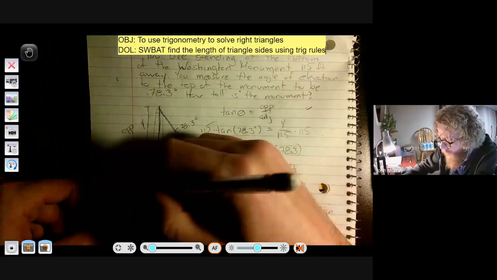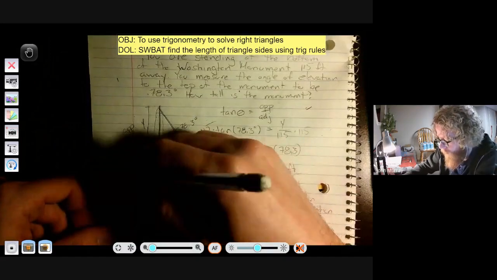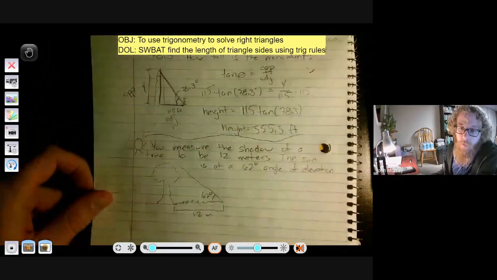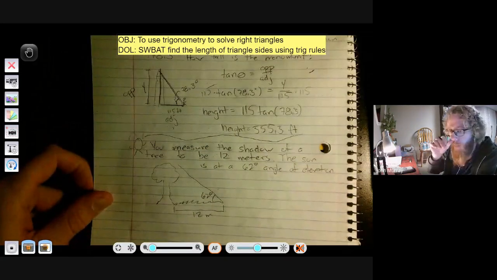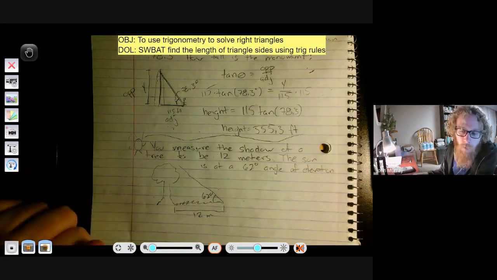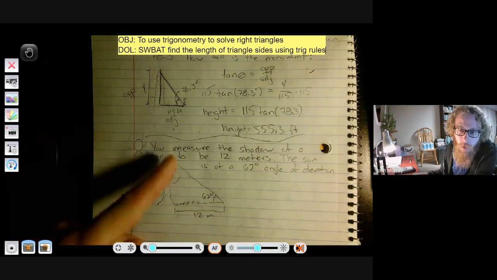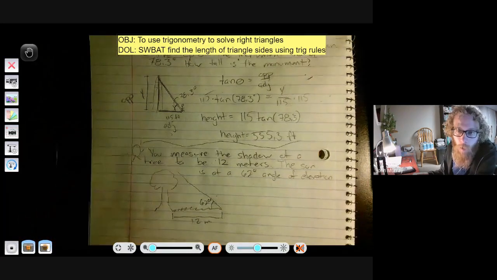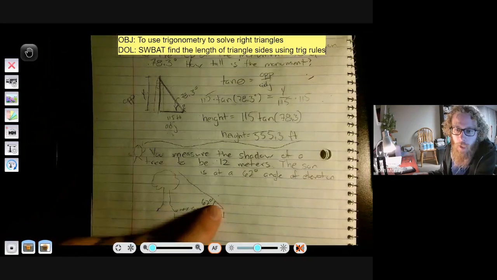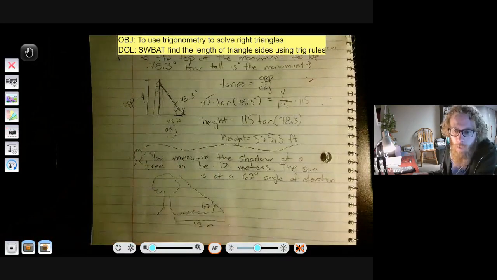If you know the position of the sun, in terms of degrees, how high it is in the sky, you can find the height of anything from its shadow. So here we have a similar situation to what we had up there. We have the base, we're looking for the height, and there is our angle of elevation.